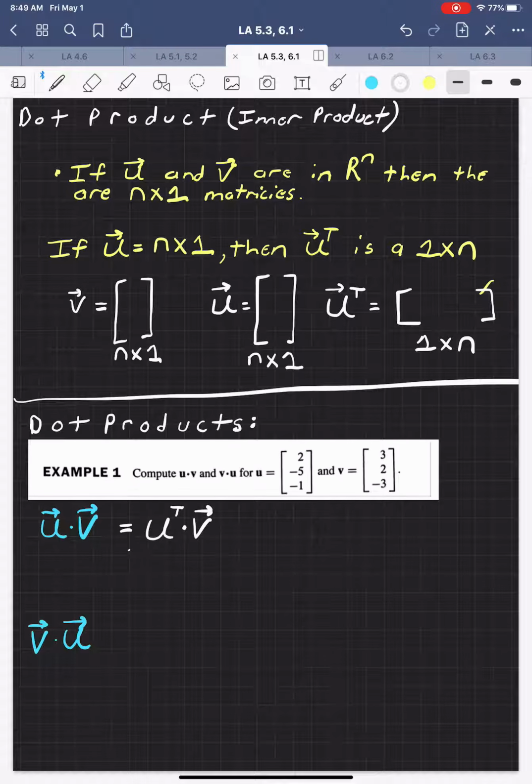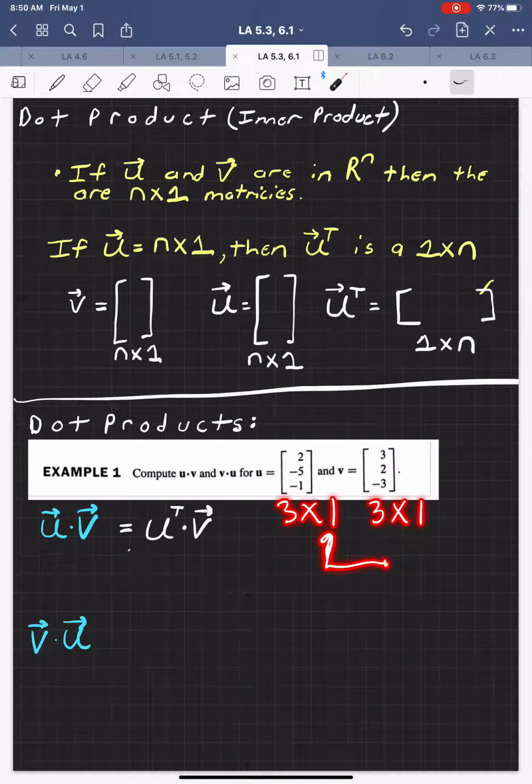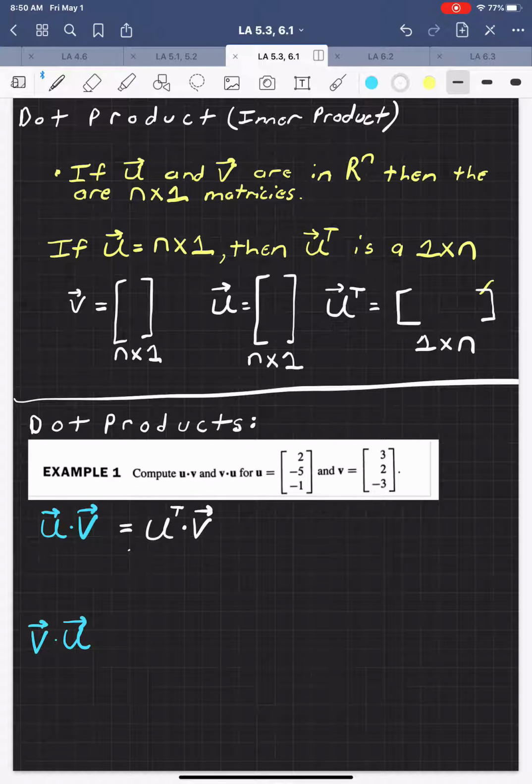Does it make sense to you that structurally speaking, this is a 3 by 1 and this is a 3 by 1? So structurally, you cannot multiply them, right? Because what I'm highlighting here has to match in order to multiply our two matrices. They don't match, but as soon as you transpose one of them, then your structure will match up. So let's go ahead and write U transpose.